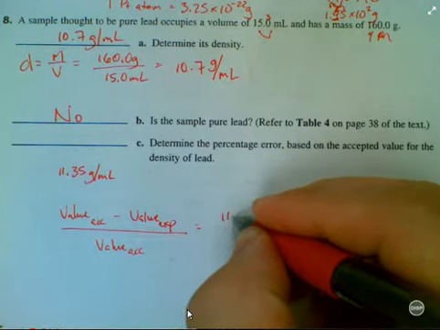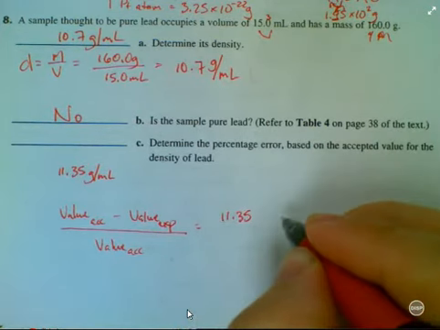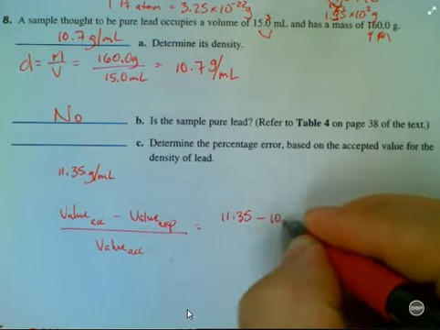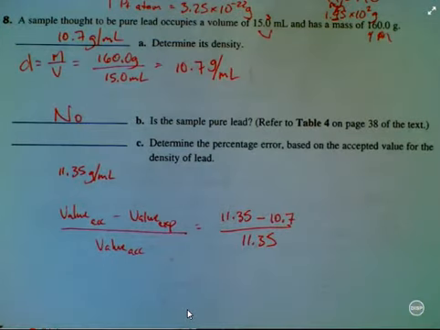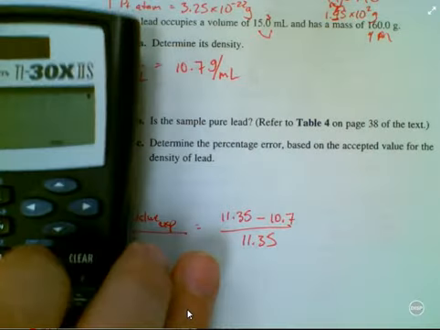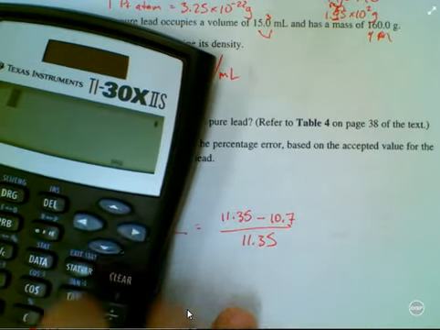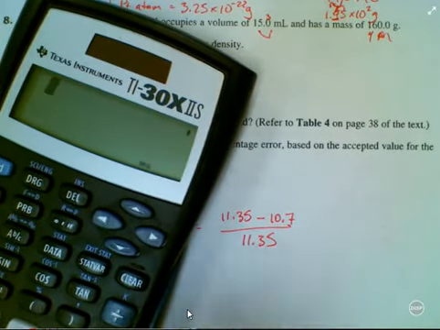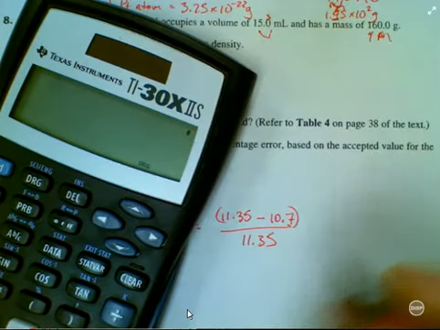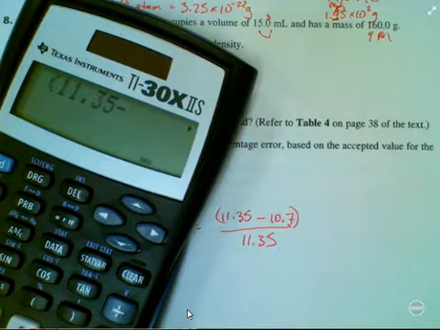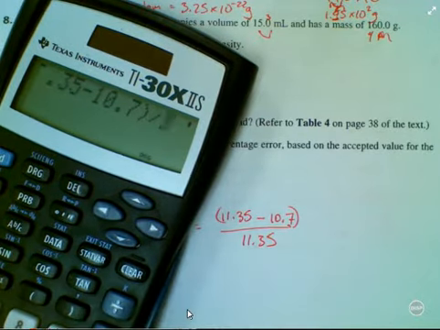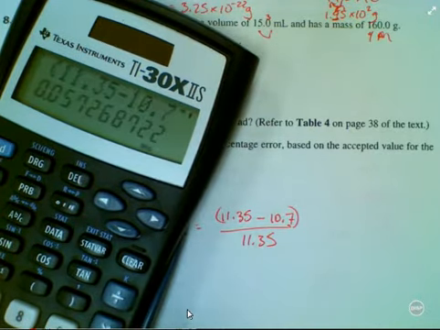So we have 11.35 minus 10.7, all divided by 11.35. All that's left to do is my calculation. 11.35 minus 10.7, all divided by 11.35.